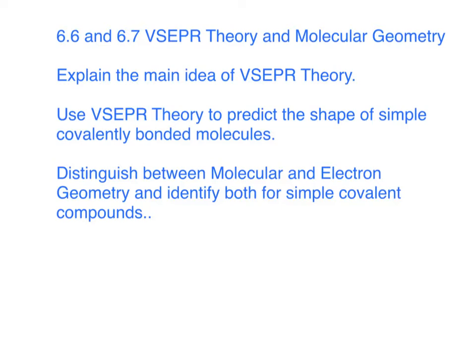So the goals would be to explain the main idea of VSEPR theory, and then to use VSEPR theory to predict the shape of simple covalently bonded molecules, and to distinguish between the molecular geometry for a molecule and the electron geometry of the molecule, and hopefully be able to identify both of those for a simple covalent molecule or of a simple covalent compound. So let's get to it.